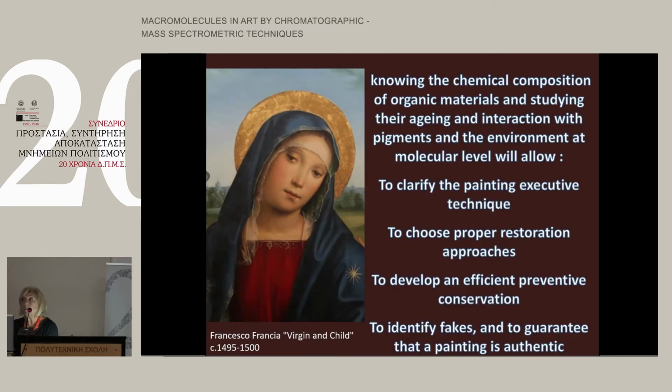It means that if we are able to understand the composition, we are also able to study the degradation of the material which composes the paint itself. And if we understand at molecular level the composition of this material, we are able to clarify the painting technique, to choose proper restoration methods, and to develop preventive conservation.